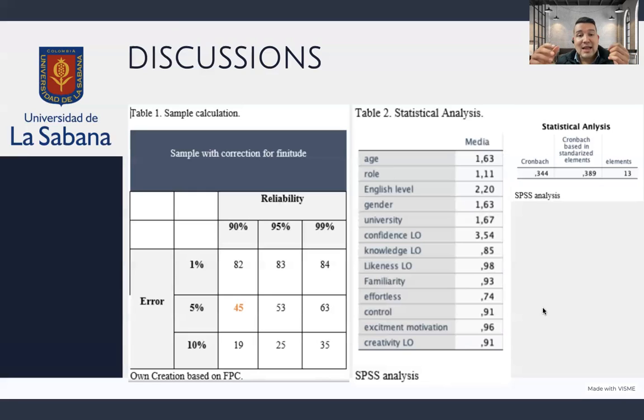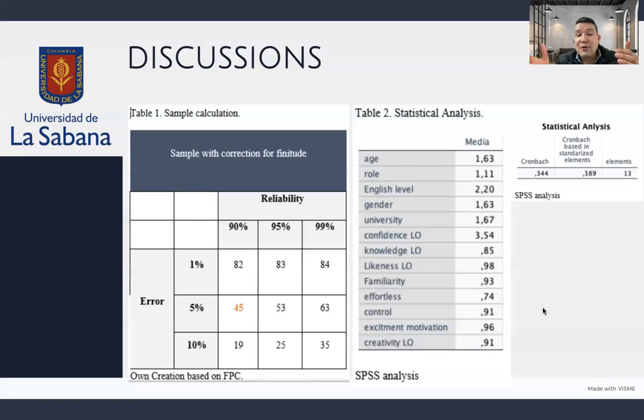And in relation to the topics of the user experience questionnaire, the greatest score is related to likeliness. That means if they felt comfortable or if they liked the product or the learning object, it is the highest score, and the lowest one is related to the knowledge, the expertise that they had to have for using these learning objects as a tool.